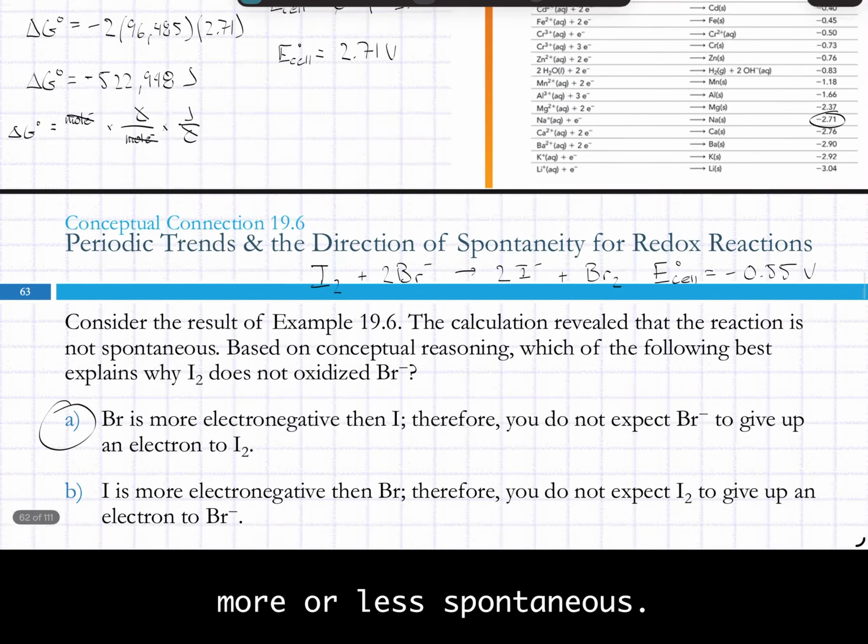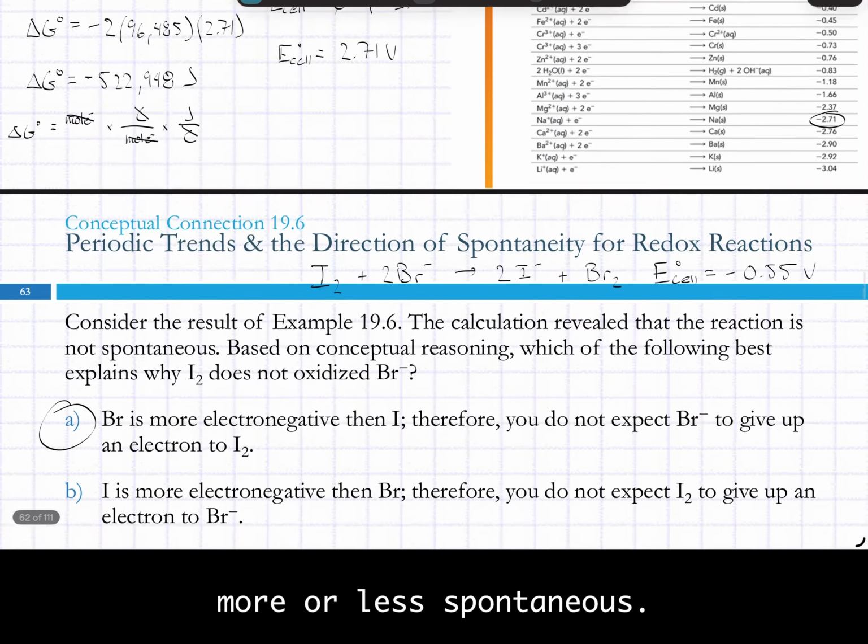Think Le Chatelier's principle. Did I increase the concentration of my reactants? Yeah. Because I'm increasing the concentration of the reactants and decreasing the concentration of the products, doing both at the same time, this is going to make this a more spontaneous reaction according to Le Chatelier's principle.